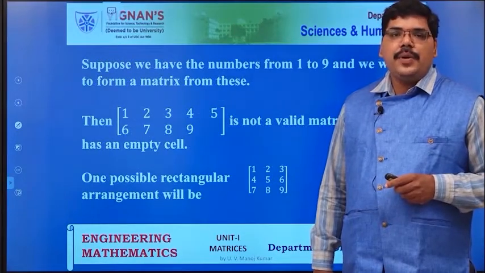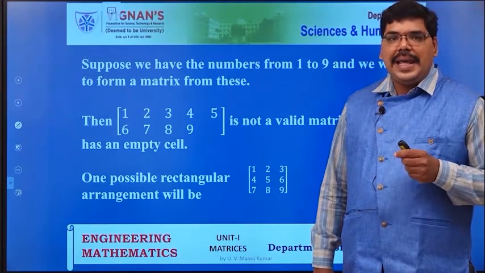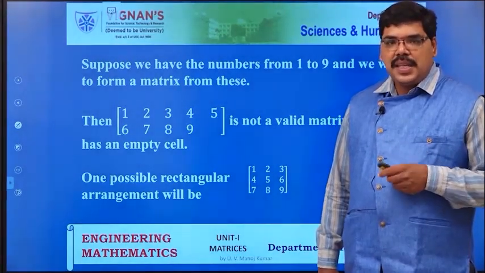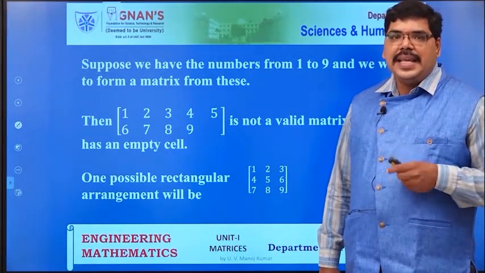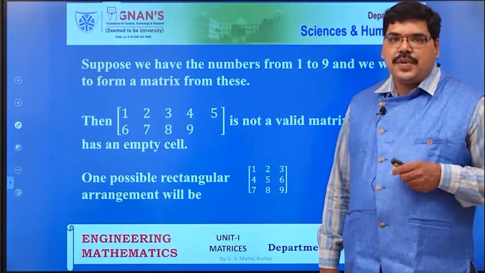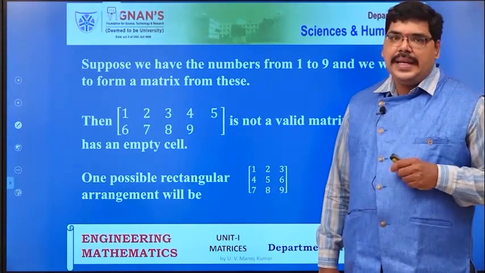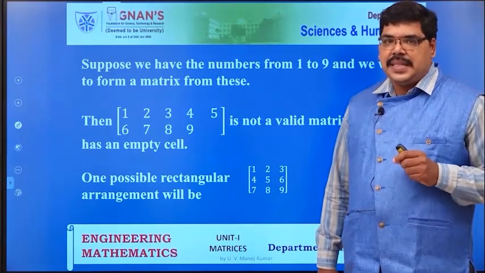Suppose we have numbers 1 to 9 and I want to arrange these numbers as a matrix. See here, the first arrangement with 5 elements in the first row and 4 elements in the second row is not valid because it has an empty place.